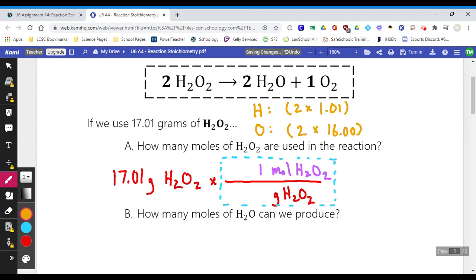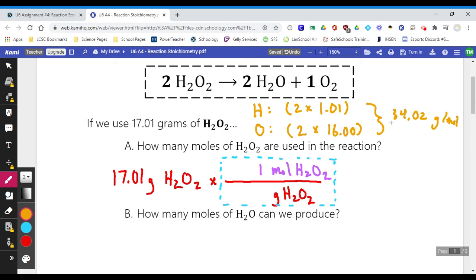Okay, so if I add all that up, let's see, 16 times 2 is 32, and then 1.01 times 2 is 2.02. So this should all come out to be about 34.02 grams per mole. That's the molar mass of this H2O2, hydrogen peroxide, more specifically.